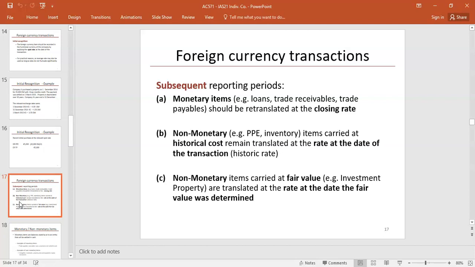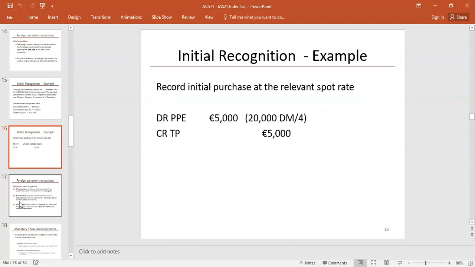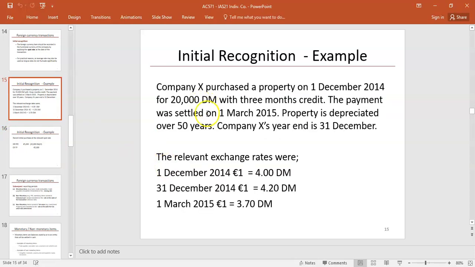All other items are what we call non-monetary. So property, plant and equipment, inventory, anything like that, they remain at the historical cost. So if we go back to the previous example, that property, plant and equipment will never move from 5,000. And you will depreciate that 5,000 over the 50-year life.